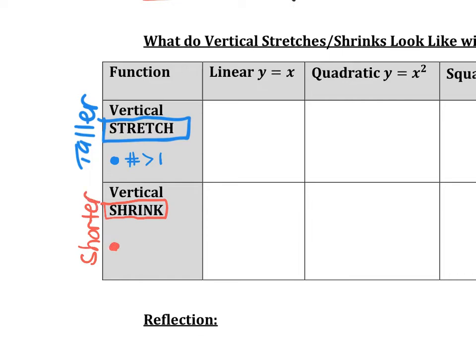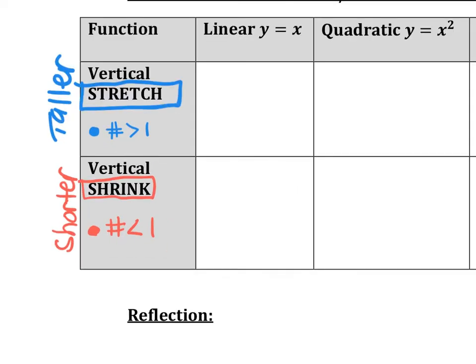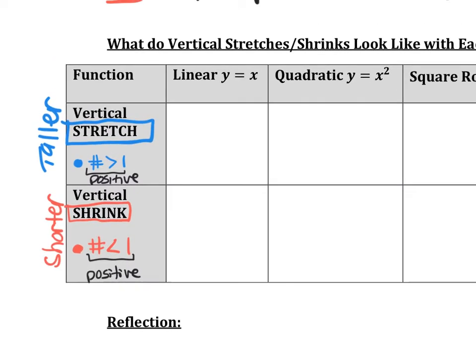This is when you multiply by a number less than 1, but both of these are still positive numbers. Stretches and shrinks are only with positive numbers. We're going to be dealing with the negatives separately. So this vertical stretch and shrink is always going to be a positive number. We just care if it's greater than 1 or less than 1.